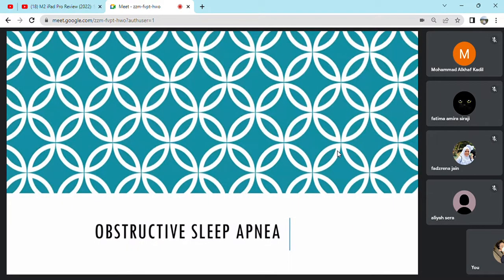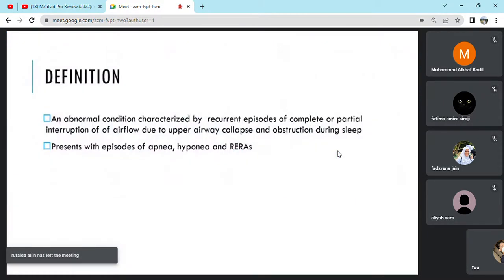Okay, so let's try to look at in particular your obstructive sleep apnea, because that's actually the concentration of our discussion for today. So sleep apnea by definition is, again, as I've said, I have actually given the definition a while ago, but for you to have a better understanding of what the problem is, it's actually an abnormal condition.